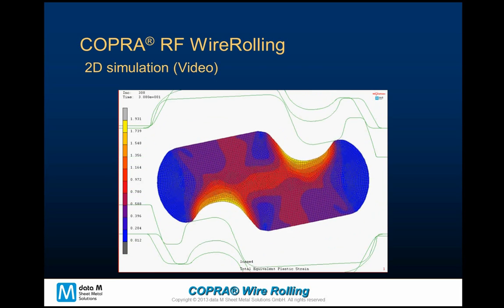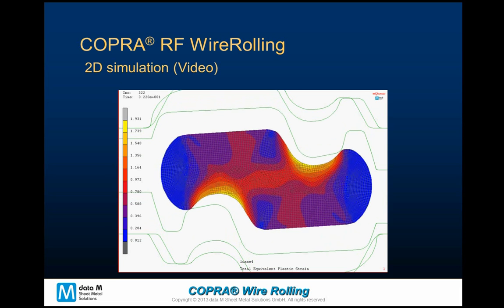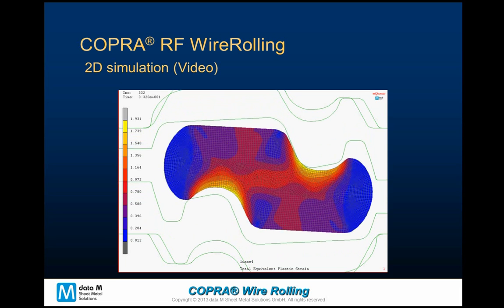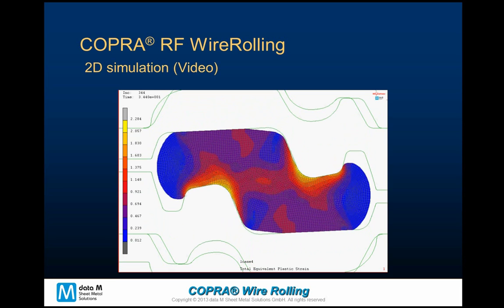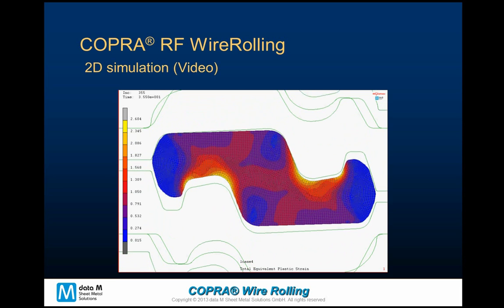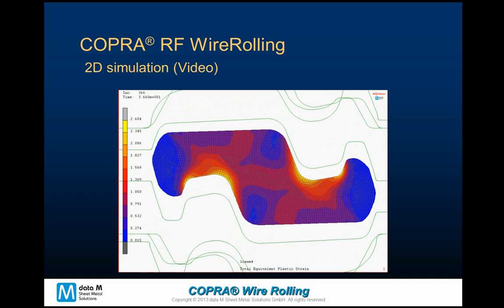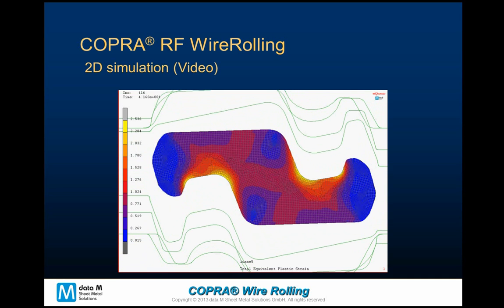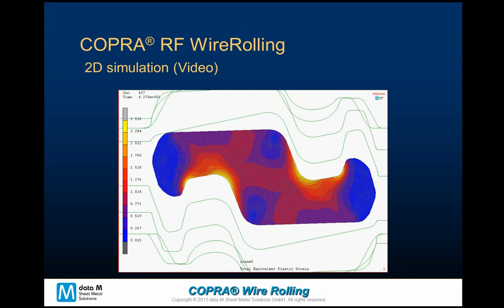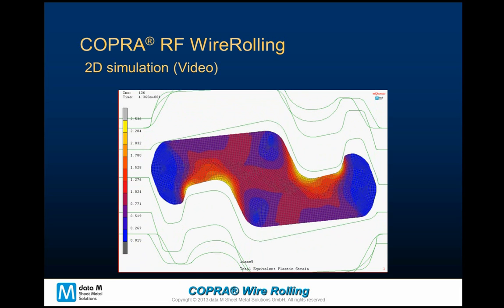Very good can be seen the filling grade, the movement that the wire would like to undergo, and the defects that can be expected.